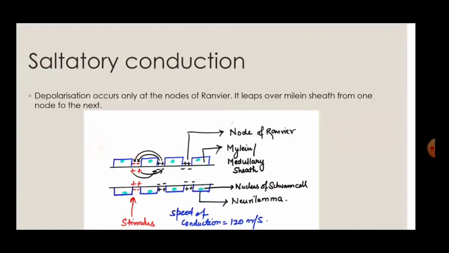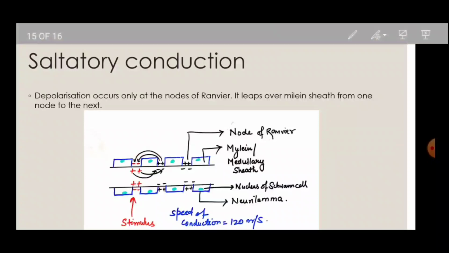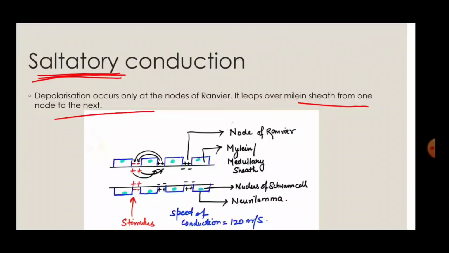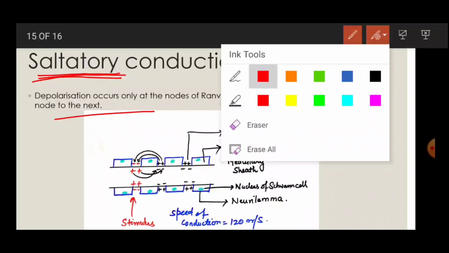The speed of conduction is 120 meters per second. It leaps over the myelin sheath from one node of Ranvier to another. This kind of conduction is called saltatory. Saltatory means to jump. Now let's look at a summary of everything we have seen so far.